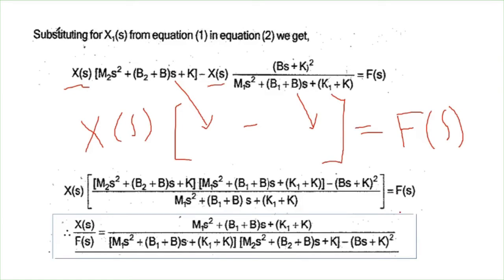Now x of s by f of s is equal to, this term will go to the right hand side: m1s square plus b1 plus bs plus k1 plus k, all divided by m1s square plus b1 plus bs plus k1 plus k into m2s square plus b plus b2s plus k, minus bs plus k the whole square. This is the transfer function of this system.